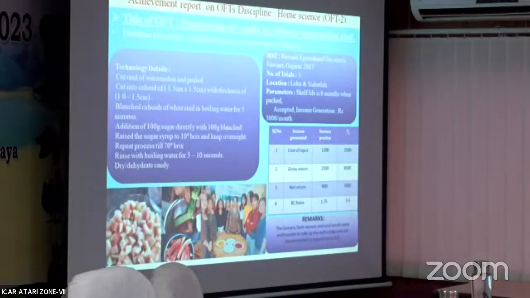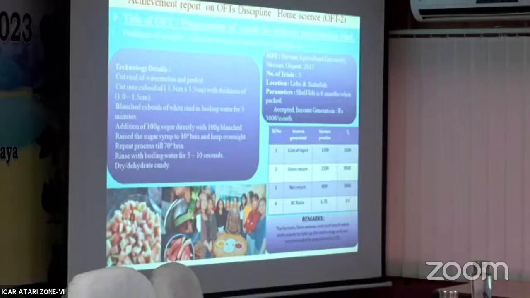The next one is preparation of candy from leftover watermelon rind. Here, the technology details, I will not go into detail. The different parameters, that is the cost of input for this OFT, the gross return, the net return, and the BC ratio, as we can see here in the slide.